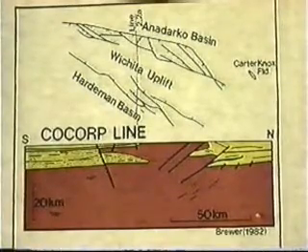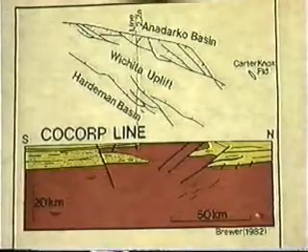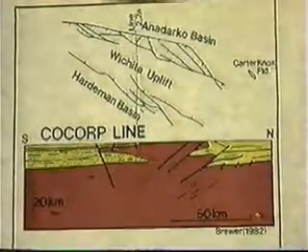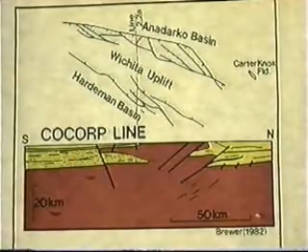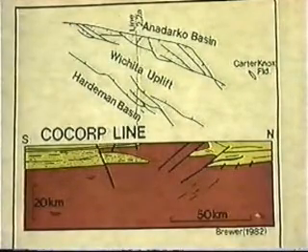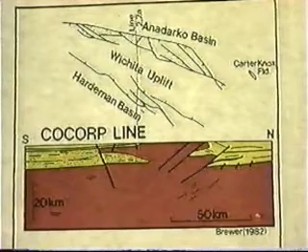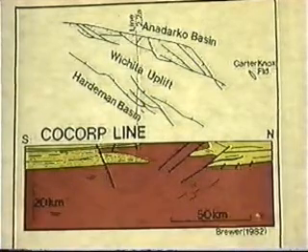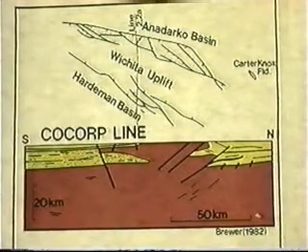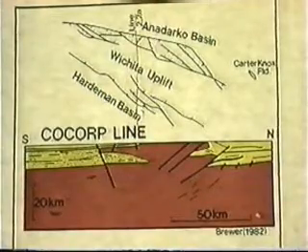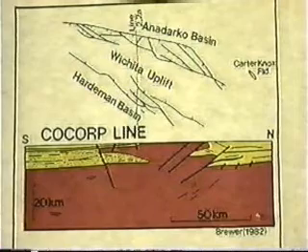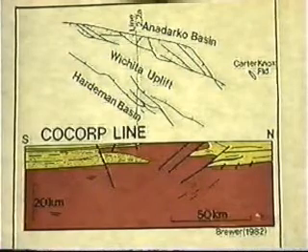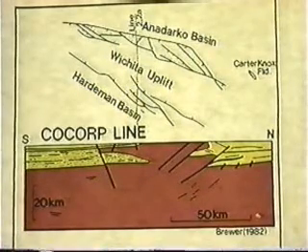Notice that the thrust symbols for the bounding faults on each side of the uplift point in opposite directions, similar to the asymmetrical Uinta uplift. The map also shows the location of a CoCorp deep crustal seismic line. A deep geologic interpretation based on this line is shown below the map.